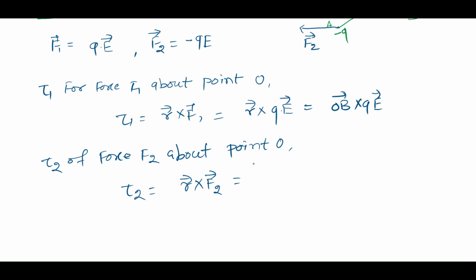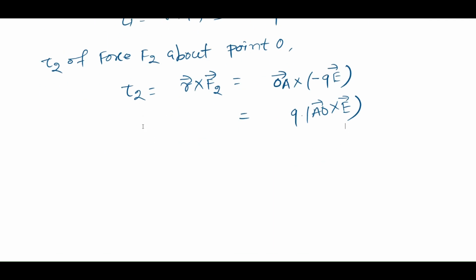Okay, so the r is nothing but OA cross F2, and the value of F2 is minus qE, and this equation can also be written as q AO cross E, because the minus sign is replaced by the change from OA to AO. So that is the value of torque 2.